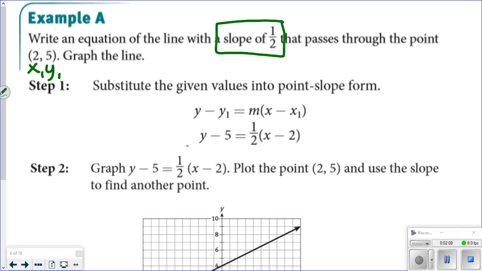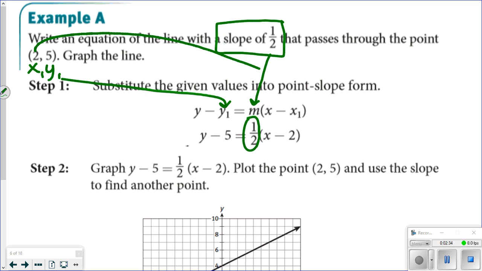So this slope of 1/2 would go in for m, which you've seen they've done there. And our y sub 1, our y coordinate is the 5, so that's going to go there. And you can see that they substituted 5 in. And the same thing with this 2 right here. It's going to be substituted in for the x sub 1, and they've done that as well.